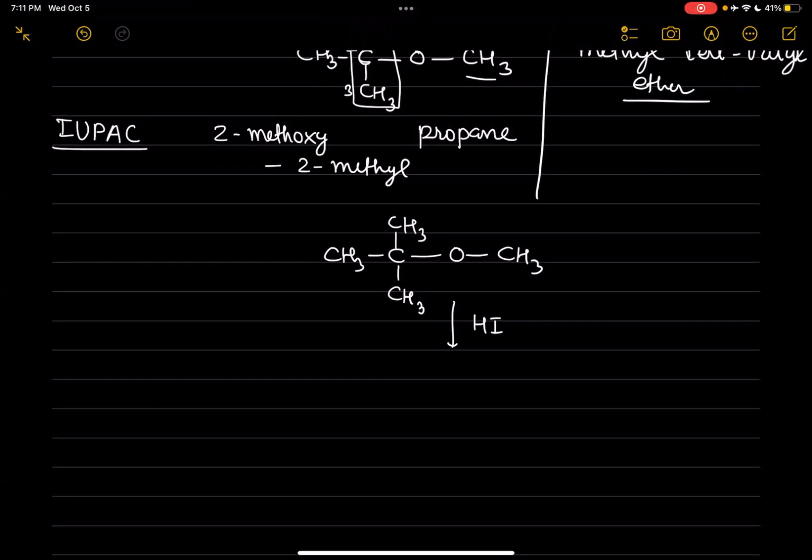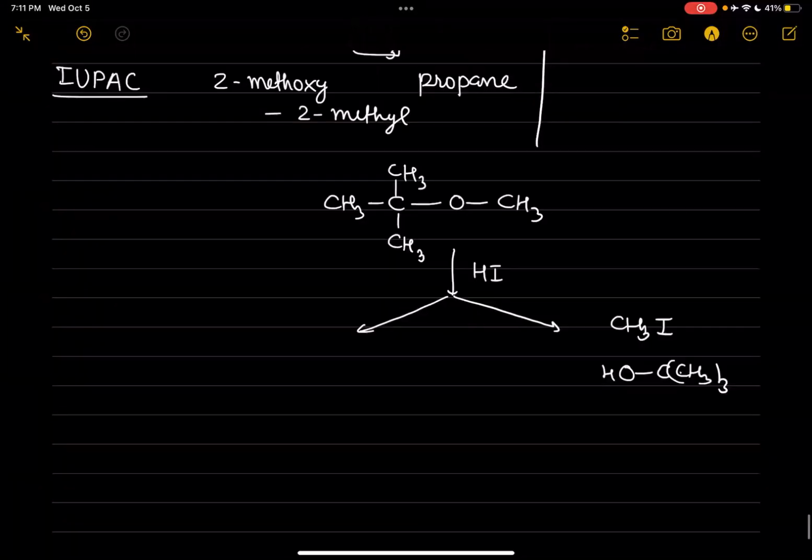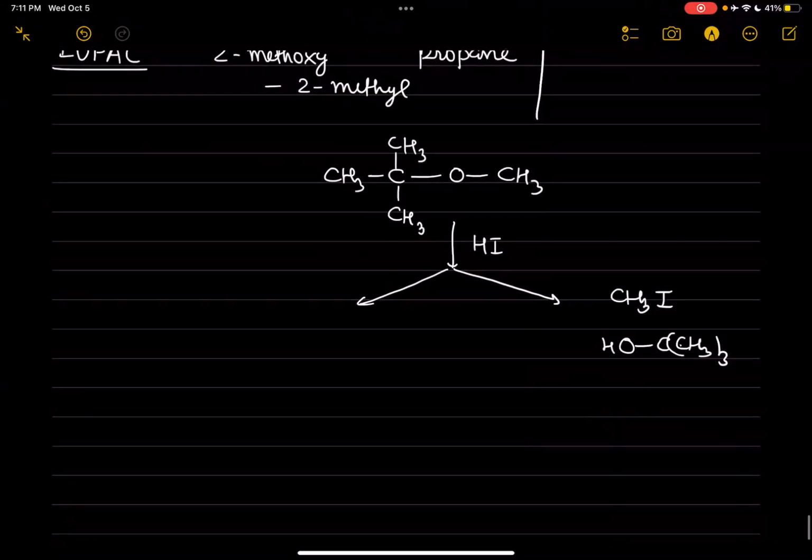So with HI, what are going to be the two options? CH3I and OH. Methyl halide and tertiary butanol. The other option is going to be methanol.